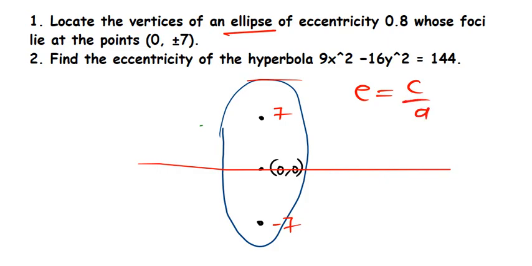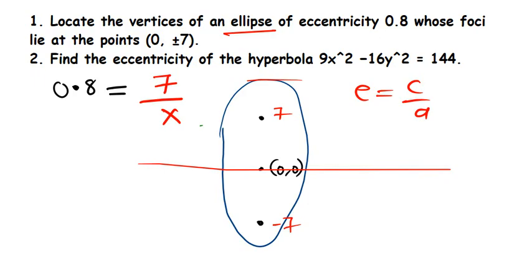So therefore we've got e is equal to 0.8. Now we're given plus or minus 7, so that 7 is the distance to the foci, and then we don't know the distance to the vertex.